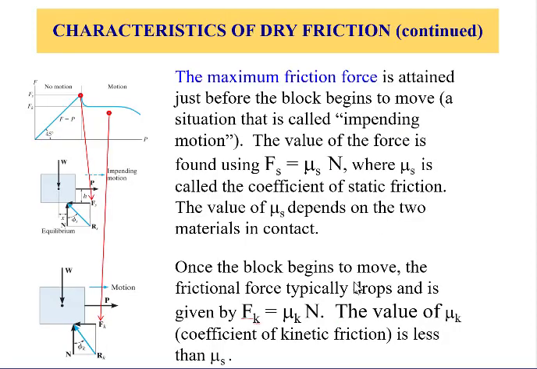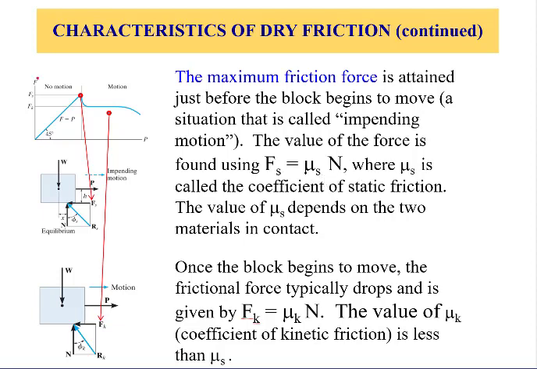In summary, what's happening is the maximum friction force, which is the force just before the block begins moving, and we call this moment impending motion, corresponds to a maximum value of the friction, which is Fs equal to mu s multiplied by the normal force.